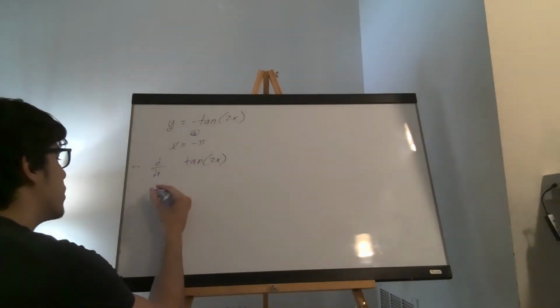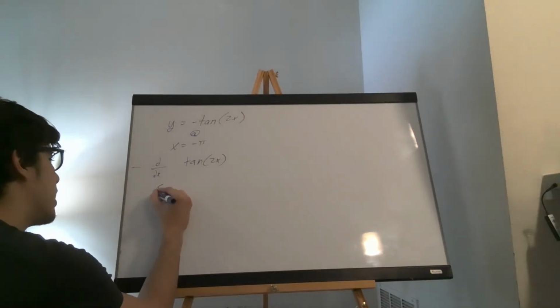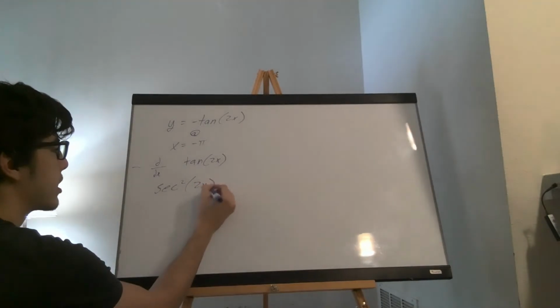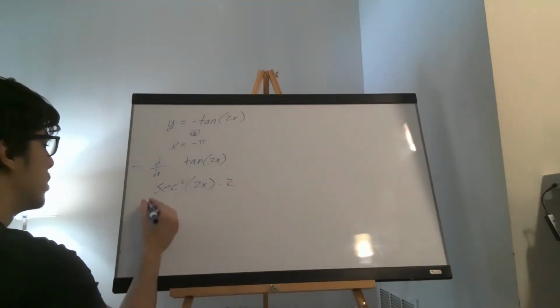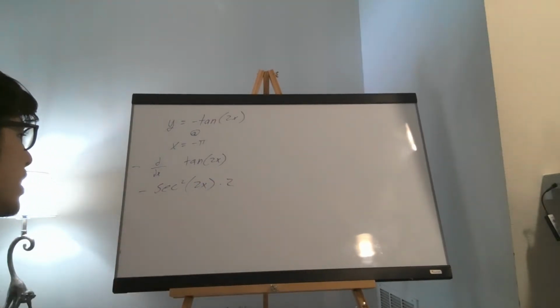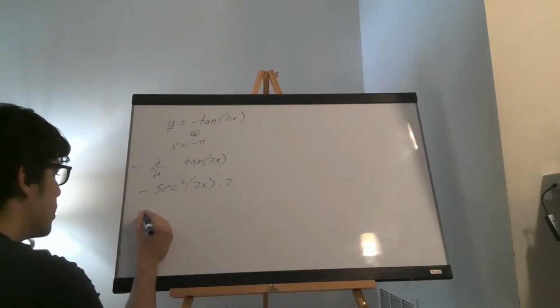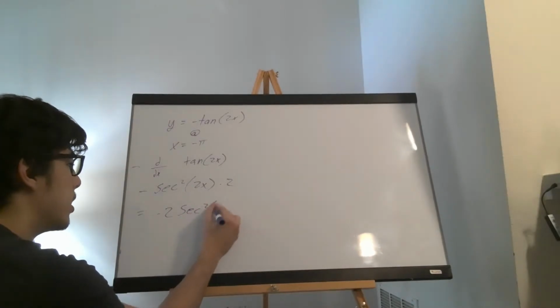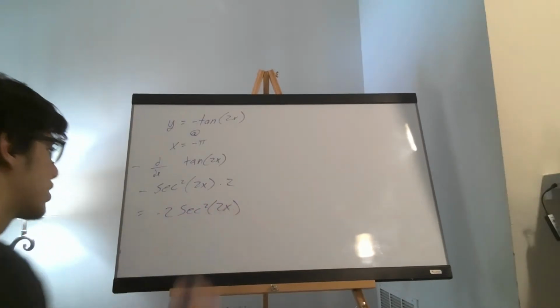So we'll do some chain rule here. Secant squared of 2x times 2, and then we can't forget that negative sign out front, is equal to negative 2 secant squared of 2x.